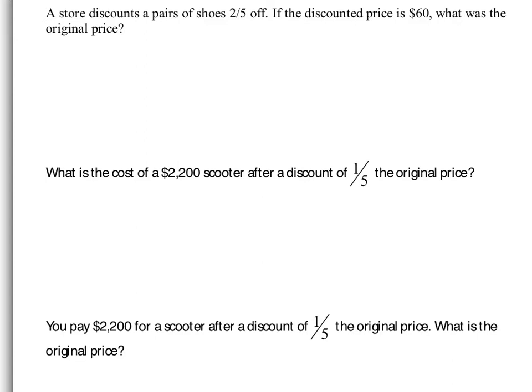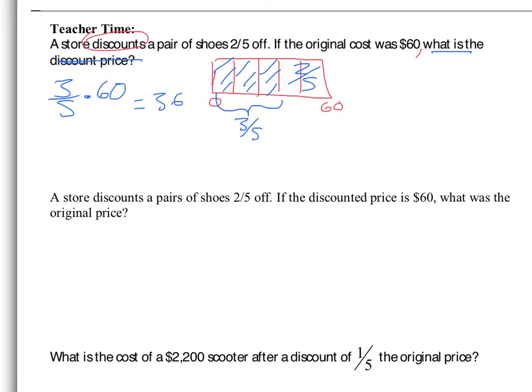Alright, a store discounts a pair of shoes for 2/5 off. The discounted price is $60. What is the original price? So let's look at the difference between these two problems. These two problems look exactly the same, but they're not exactly the same. They both start with a store discounts a pair of shoes for 2/5 off.